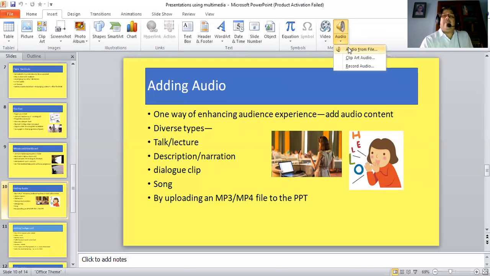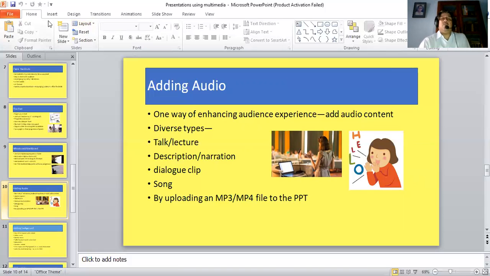So add audio from file, or clip art audio, or record audio. You can even record audio and add it over there, or you can add video by adding video from file, or adding video from some other source. So it is easy to upload the audio file to the presentation.